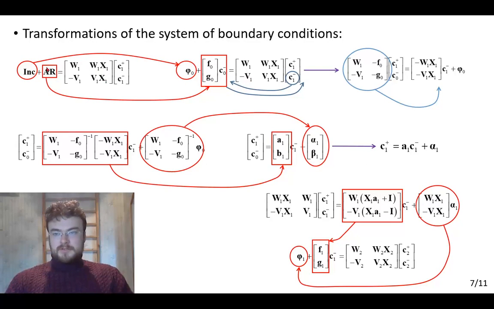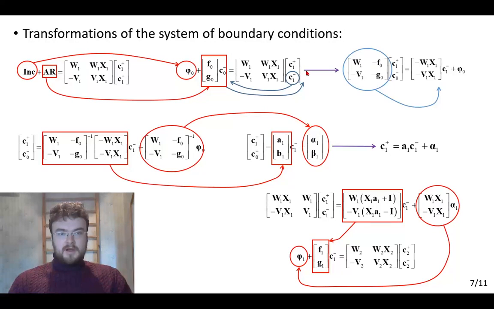Consider the first equation of the system. Rename I and C, A and R to phi 0, F G 0 and C minus 0. Transfer C minus 1, F G 0 and C minus 0 to other sides.